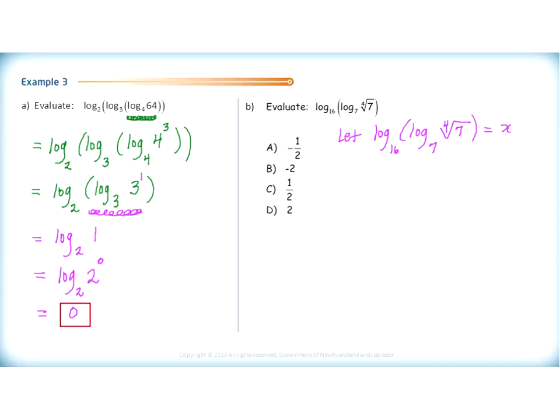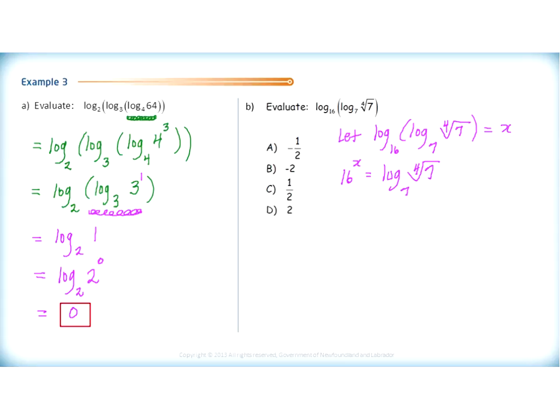And what we will do now is take this outside logarithm, log base 16 of something equal to x, and convert that to exponential form. So we write it as 16 raised to the power of x is equal to the log of the fourth root of 7 to base 7.